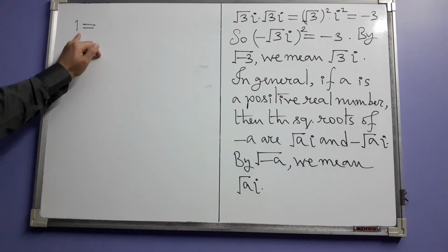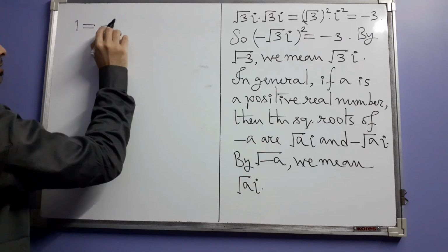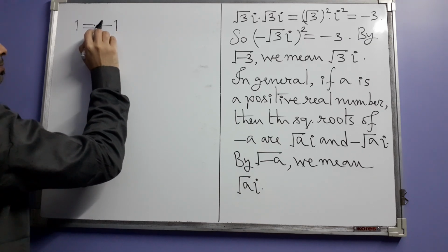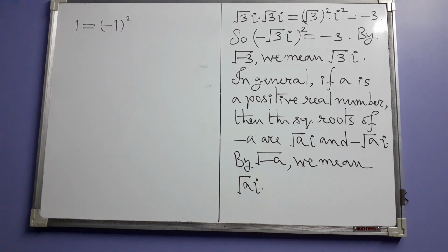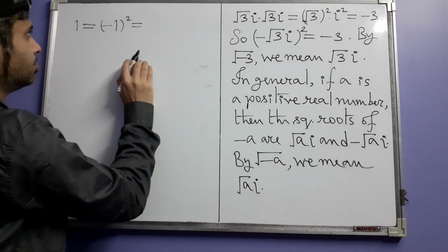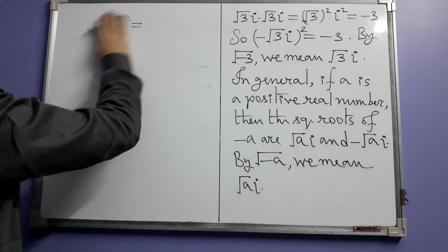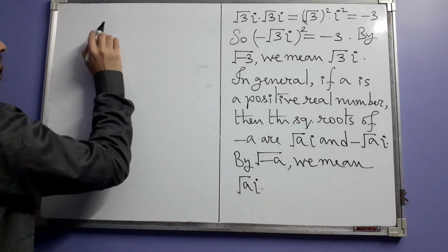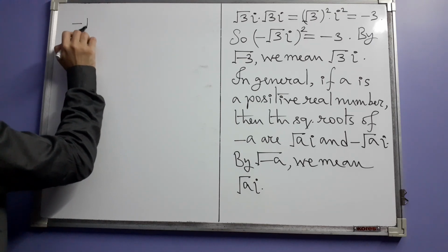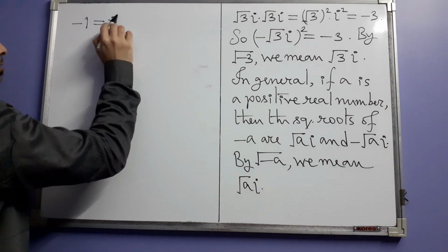So you start with 1, all right? Now 1 is minus 1 square, okay? And that is also equal to, perhaps I am messing this up. Now this is not how it starts. Instead, this is how it starts. We start with minus 1 and write this as i squared.